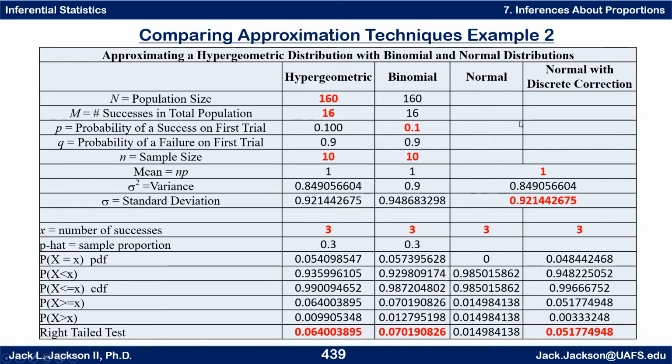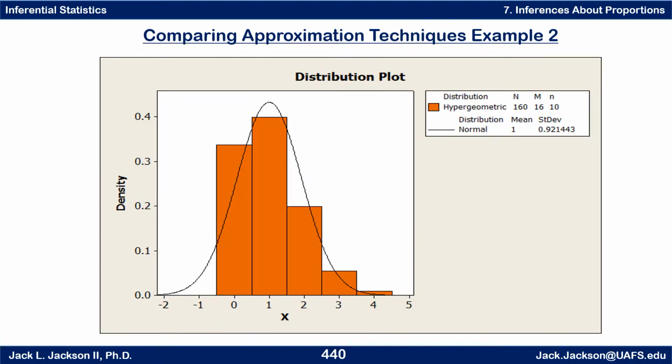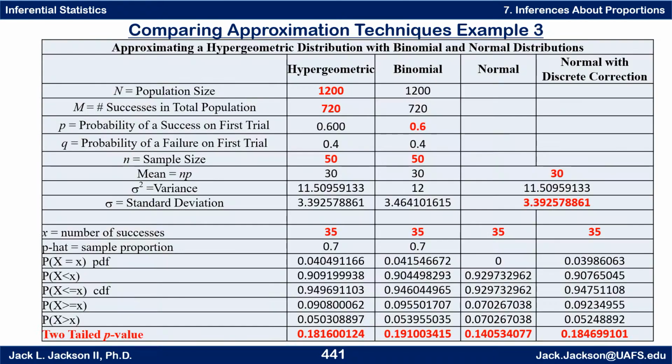But if we do the normal, or the normal with the discrete correction, the discrete correction of course gets it much closer. Without the discrete correction, it's only 0.01, much smaller than the actual p-value of 0.064. With the discrete correction, we get a lot closer, but it's still short by a bit. There's the two distributions there, the hypergeometric and the normal.